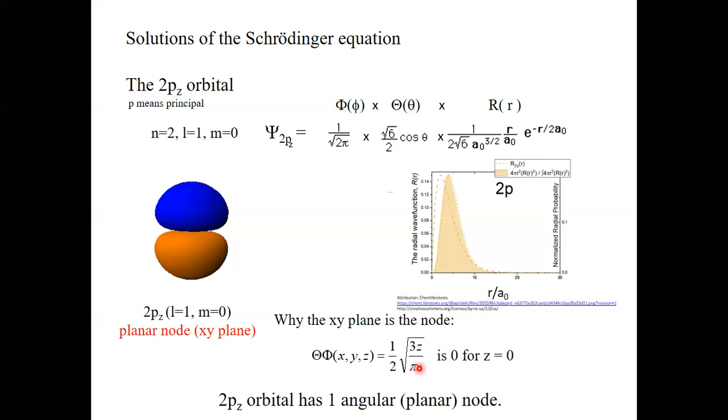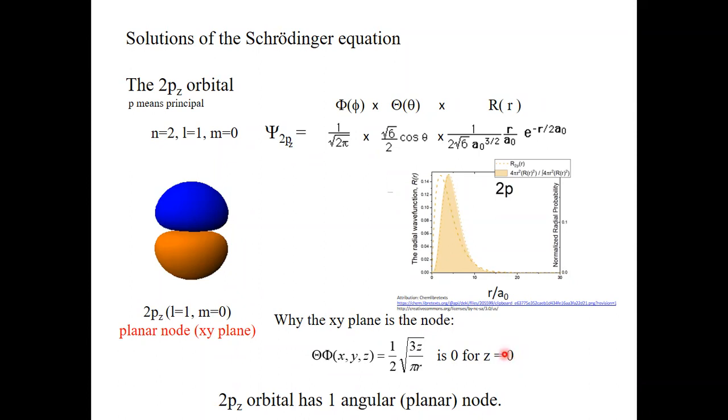Okay. So now we need to think about under which circumstances this product becomes 0, because that would define again a node that would determine the shape of the orbital. This product will become 0 for z equal to 0.